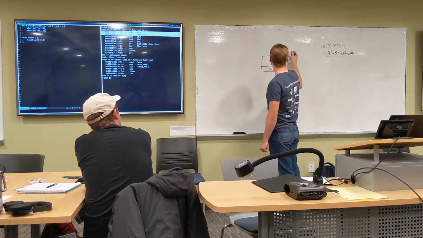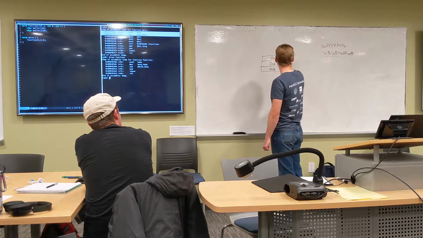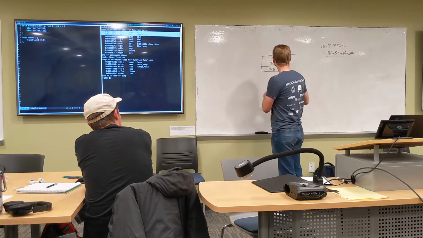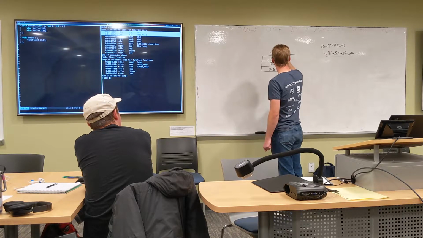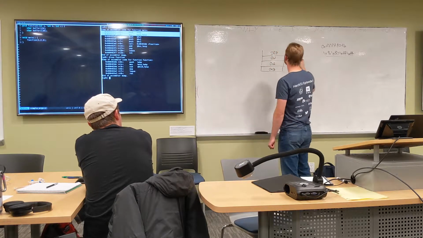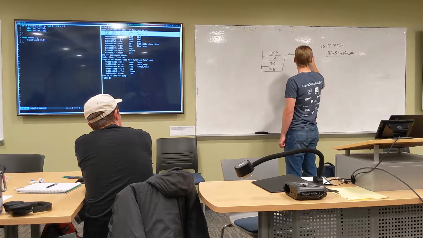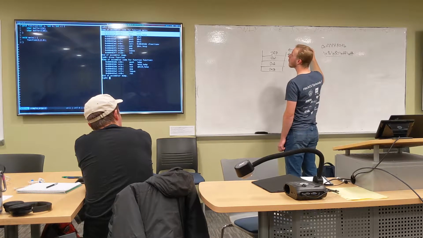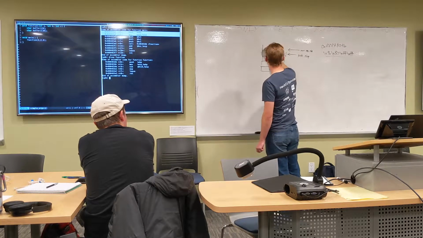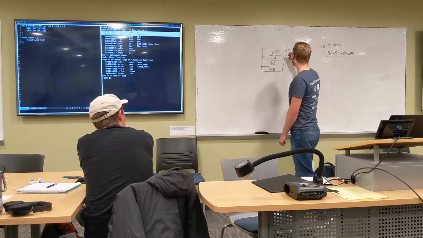So we push EBP, so this becomes the saved frame pointer, and then we move ESP to EBP. Then we move the EBP register to point up here.